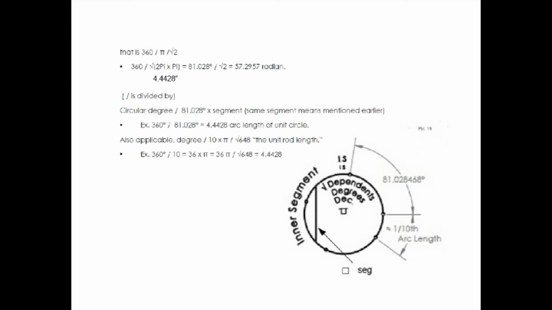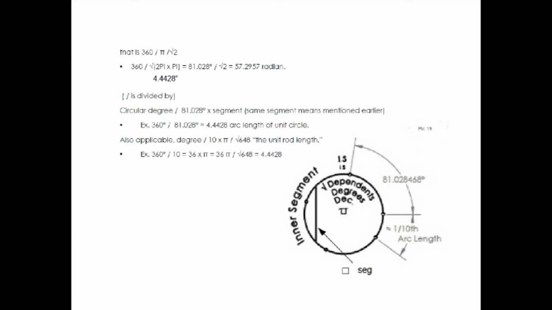To convert from degrees into arc length, circular degree divided by 81.028 degrees times segment, same segment means as mentioned earlier. For an example, 360 degrees divided by 81.028 degrees equals 4.4428 arc length of the unit circle.